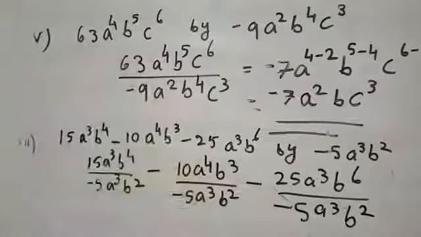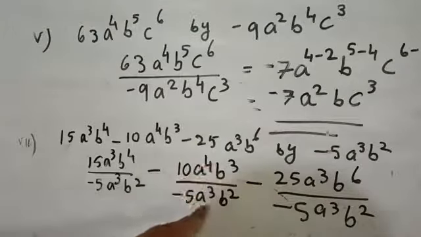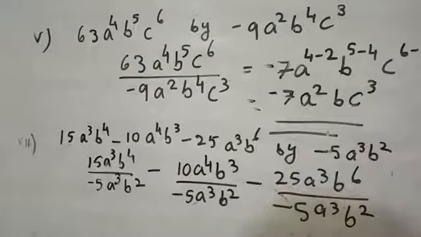Okay, each and every term should be divided by minus 5 a cube, b square. That is 15 a cube, b raised to 4 by minus 5 a cube, b square, minus 10 a raised to 4 b cube by minus 5 a cube, b square. Again minus 25 a cube, b raised to 6 by minus 5 a cube, b square.